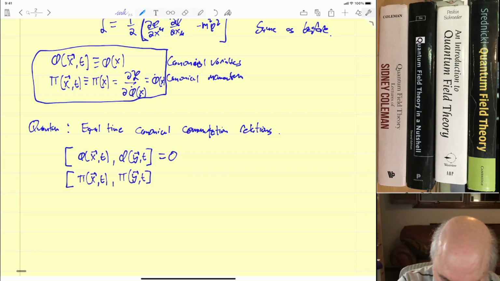So the phis commute with each other, the pi's commute with each other, and the usual one that we get in quantum mechanics, the coordinate and its momentum.